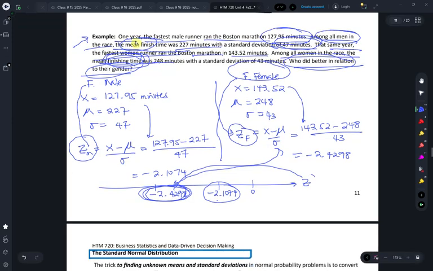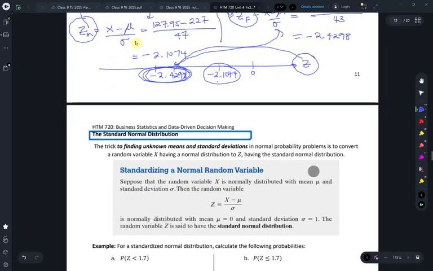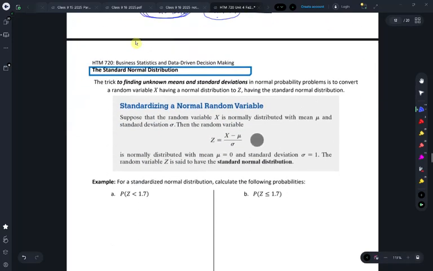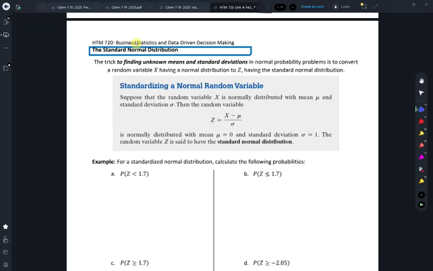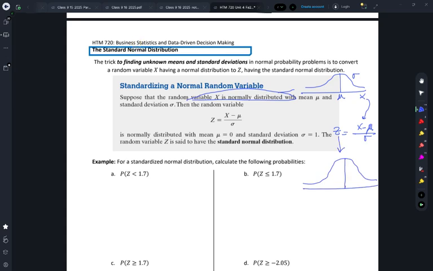Based on what we have learned about the z normal random variable, we want to emphasize that if x is a normally distributed random variable with its mean and standard deviation, and you convert x to z by subtracting the mean and dividing by the standard deviation, the resulting z will also have a normal distribution.